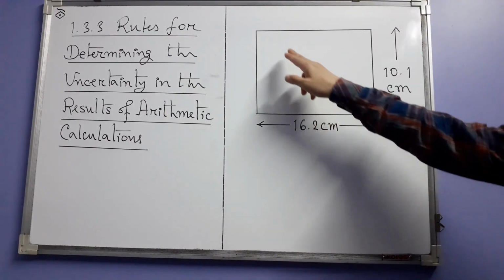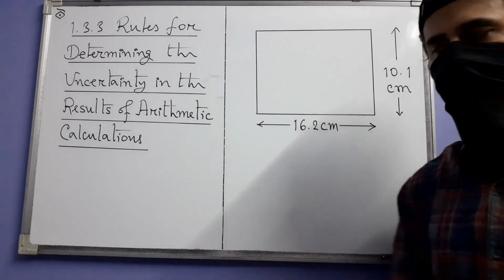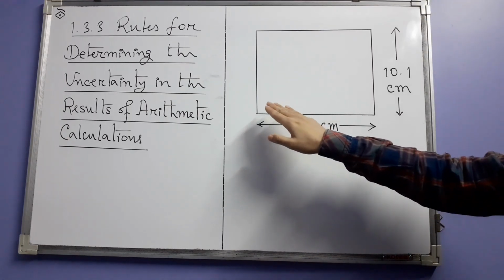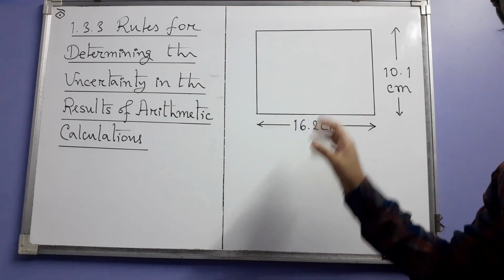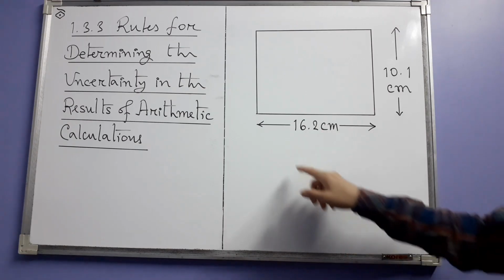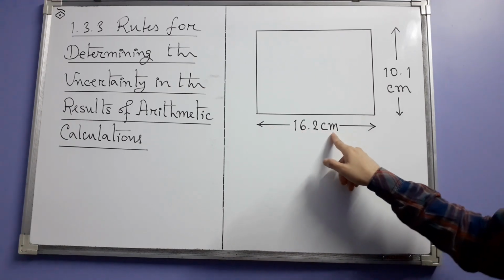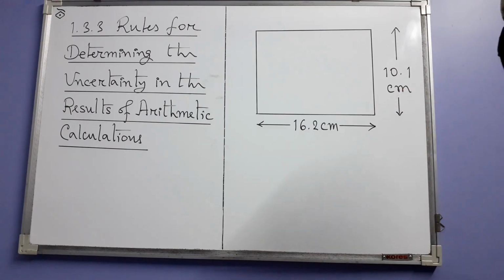For example, say you have a thin sheet of some material whose length and breadth have been measured using a meter scale, and these values were found. The length is 16.2 centimeter and the breadth is 10.1 centimeter.